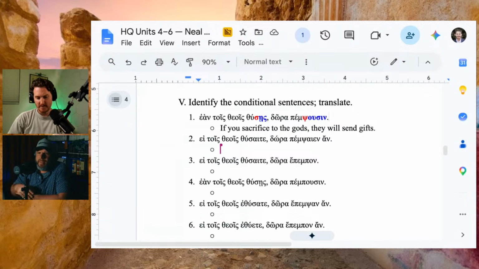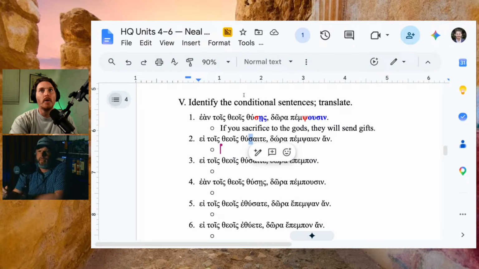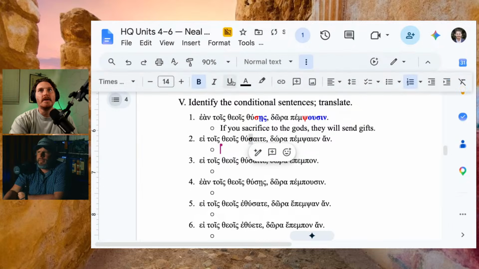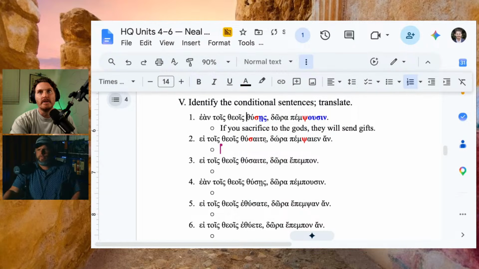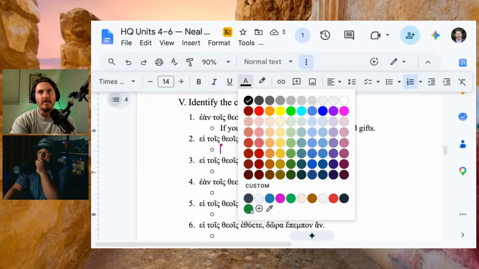Okay, so the next one is tois theois thusaite, dora pemsaien an. Dora. And here I'm going to continue giving you these red sigmas and red psis, just so we can start seeing the pattern here. I'm going to mark this green. Dative.